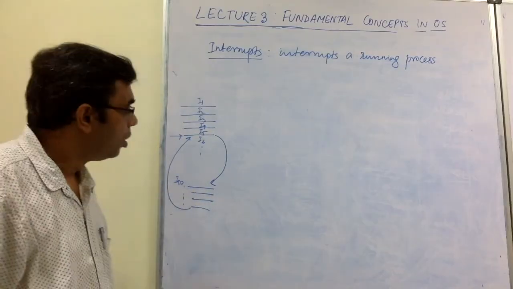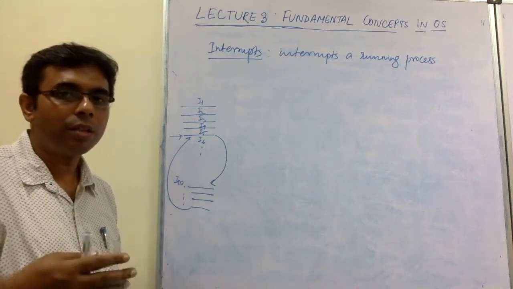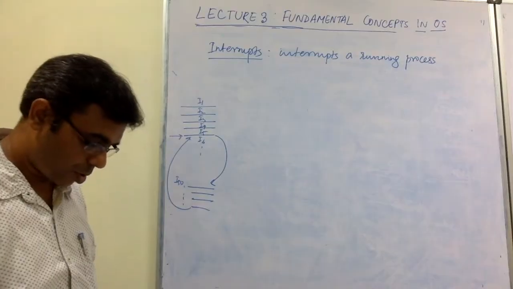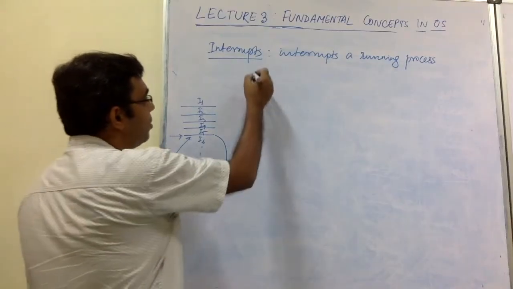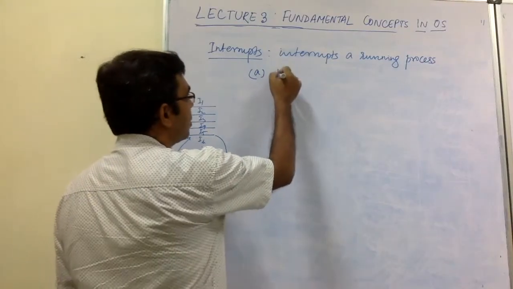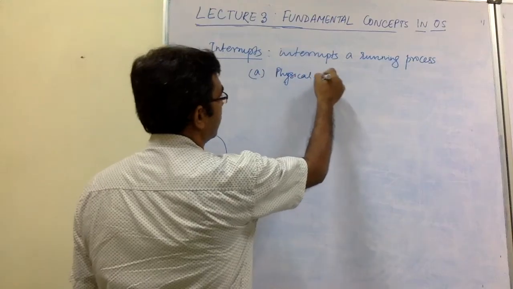Okay. Now, when I say that something happens, what are the things that can lead to this kind of interrupt? There are three possibilities which may be the cause of an interrupt. One is some physical event.